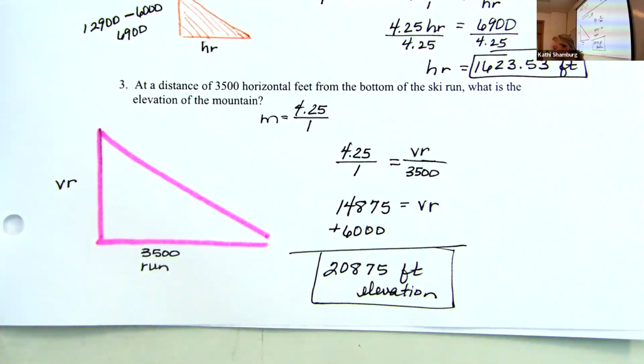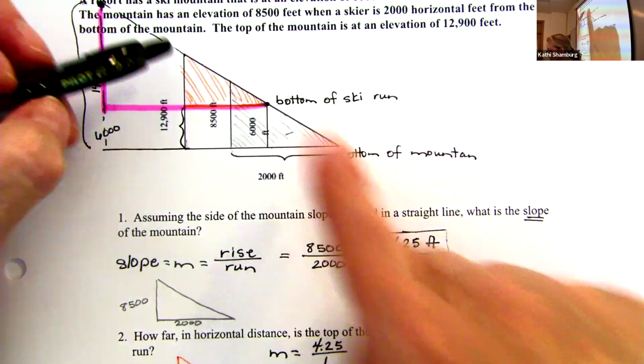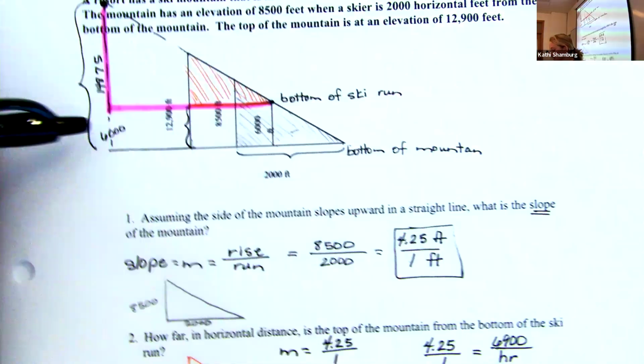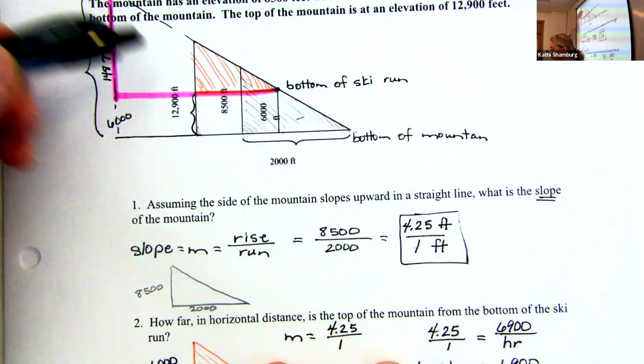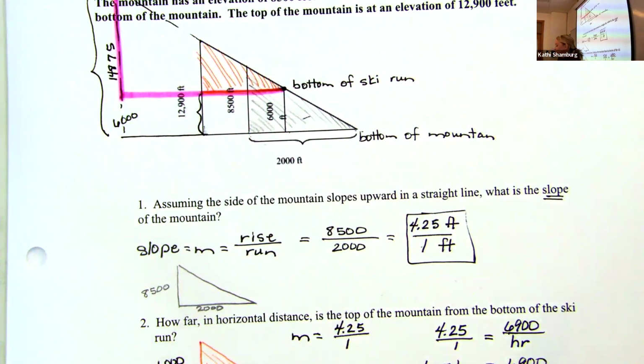What I don't like about that is, here's why I don't love this question. The top of the mountain had an elevation of here, and then it talks about an elevation here, but I thought this was the top of the mountain, so I won't throw one like that at you.